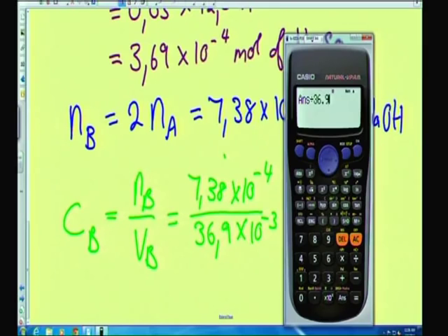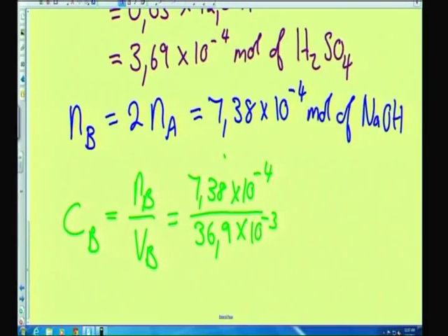And I'm going to say that must be exponent minus 3, because I'm dividing by 1,000. And here is my answer. It's 0,02. So the concentration of my base is 0,02 moles per decimeter cubed.